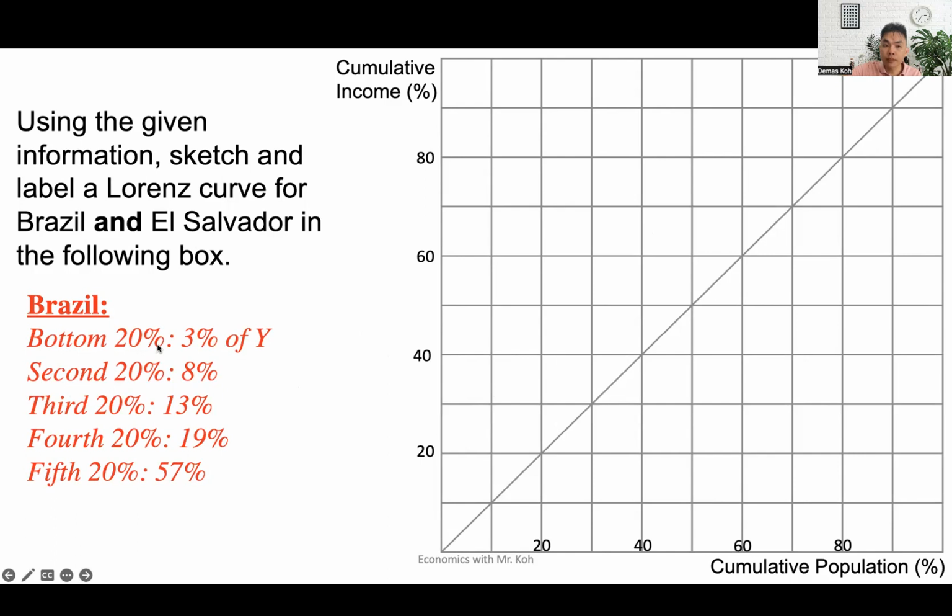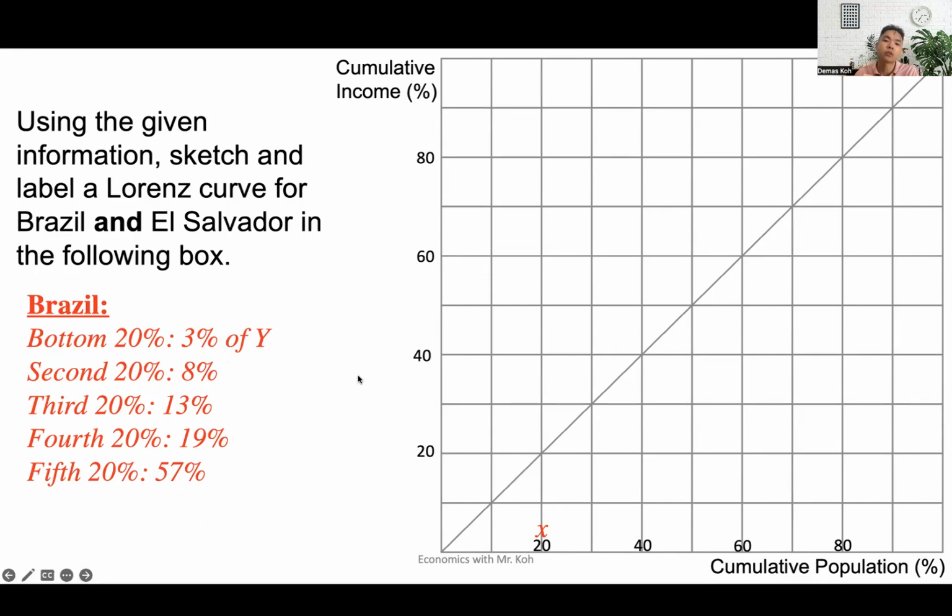So the bottom 20% of Brazil have got 3% of total labor income. So that means it's, as you can see, the first cross that I've drawn here actually demonstrates it. And then the second 20% of the population, so the next quintile, right, has 8% of total income.